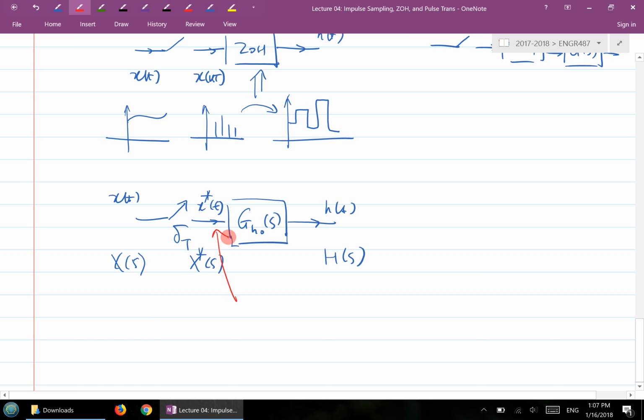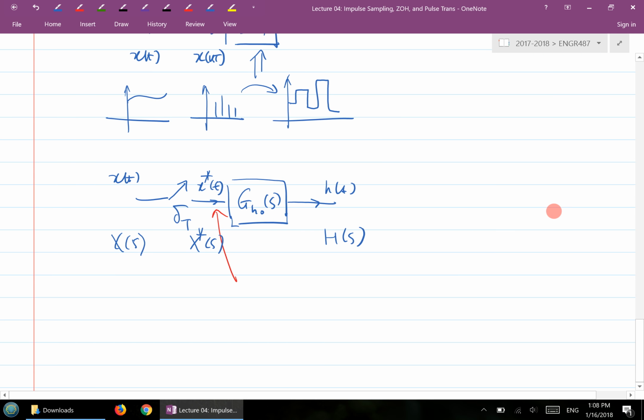Let's look at this symbol for the input. Let's assume a very simple input for this case. Let's assume the input is a delta t, for example. Assume the input is an impulse.